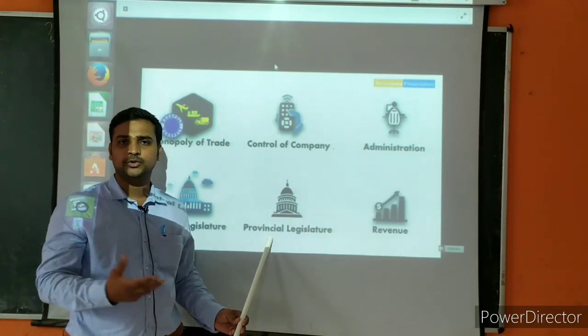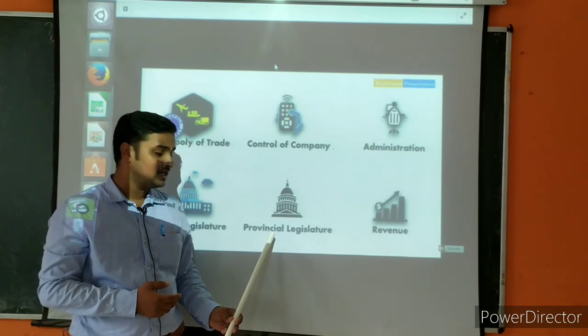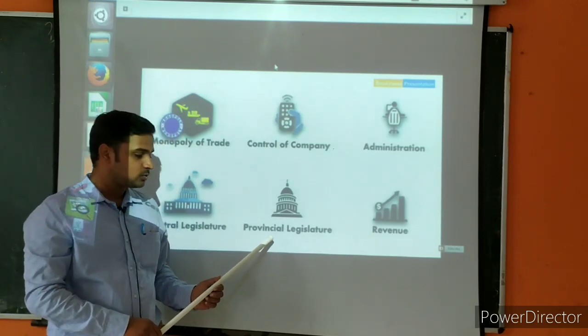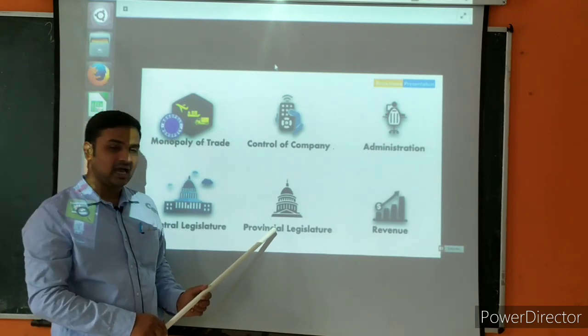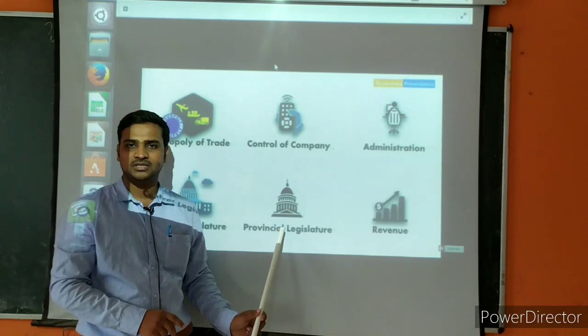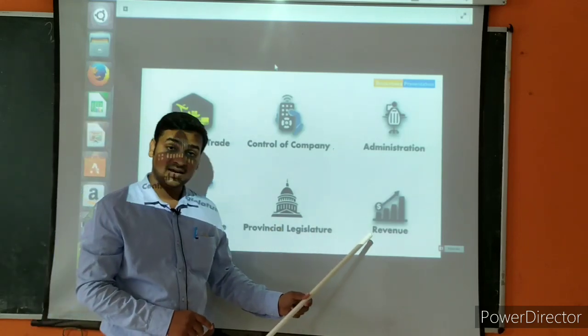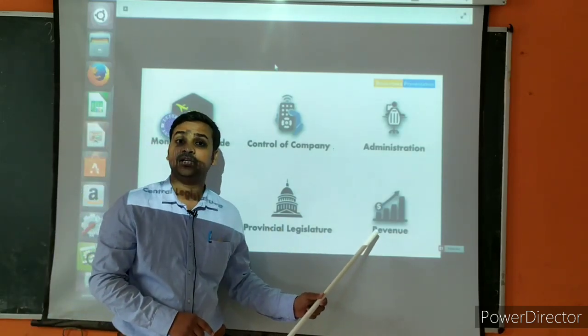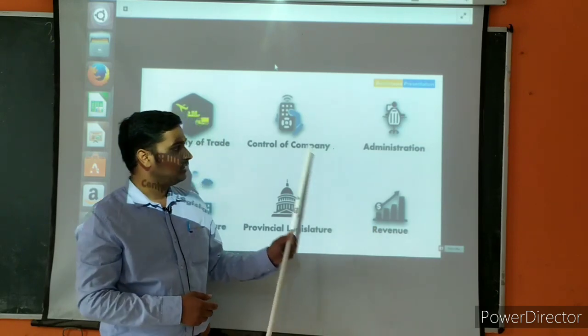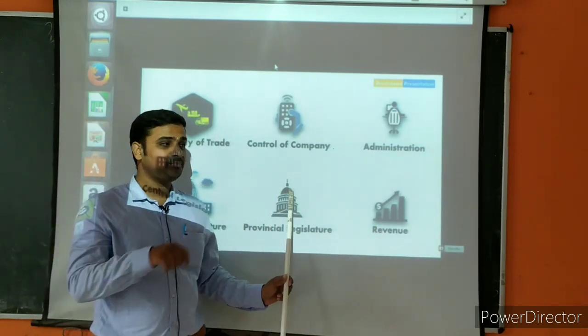As I told you in my previous lectures, we had 3 provinces: first Bengal, then Bombay, and then Madras. So we will be discussing this legislature as well. And finally, we will be discussing revenue, which types of taxes were taken by the East India Company at that particular time.